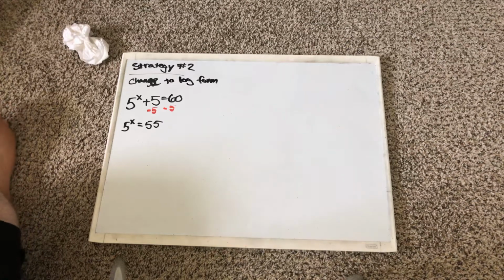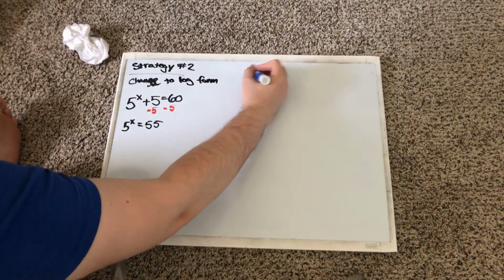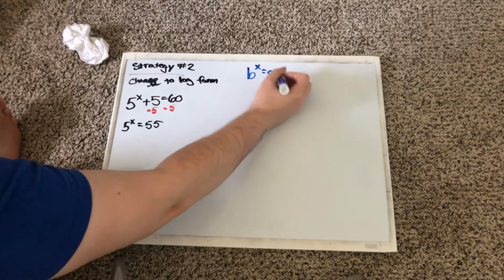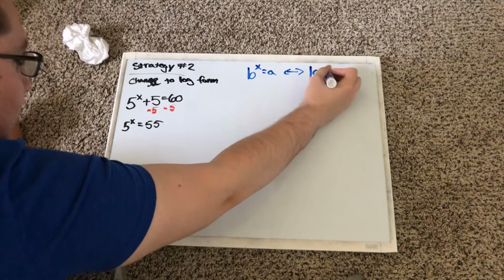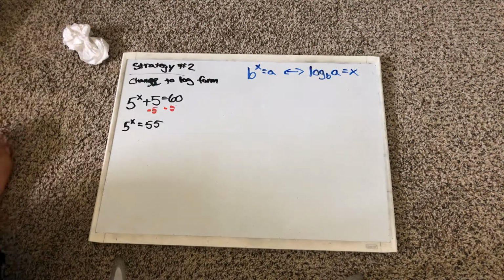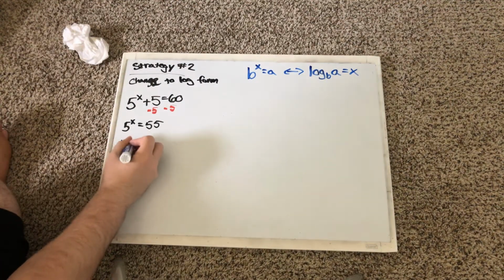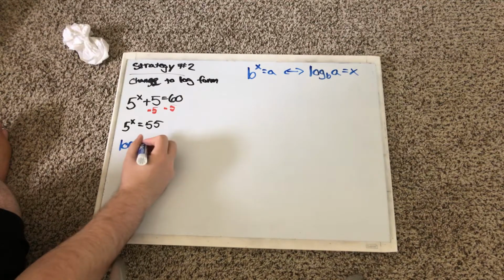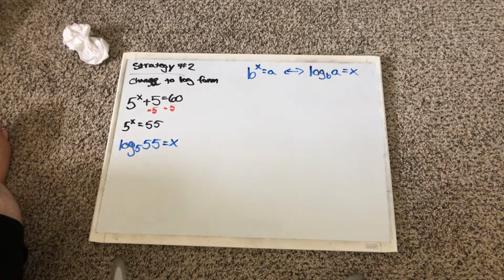So if we remember, I'm going to write this over here. b raised to x equals a. We can switch that and say, hey, that is log base b of a is equal to x. So I'm going to rewrite this as log base 5 of 55 is equal to x. And I'm going to introduce a new formula, and this is really important.